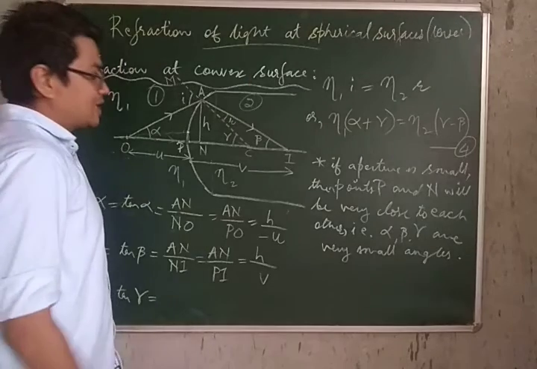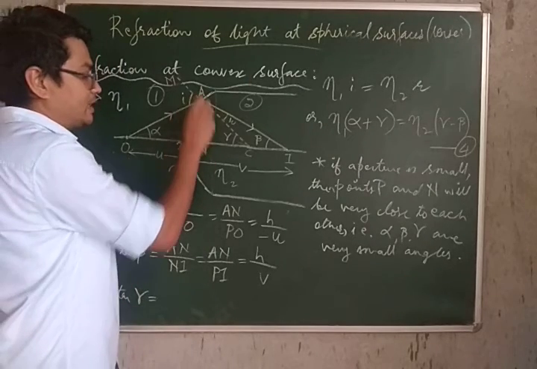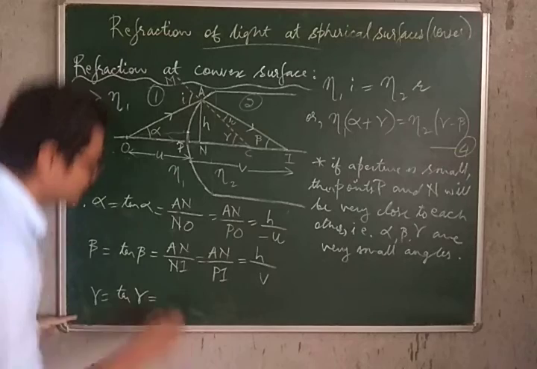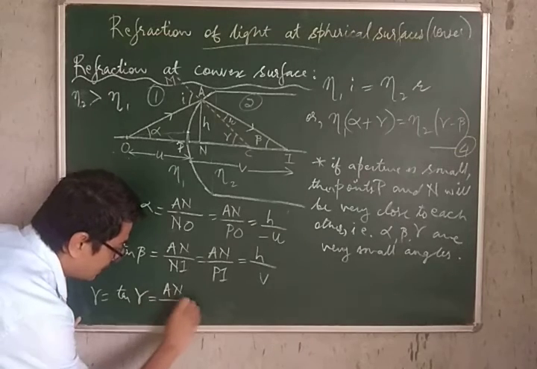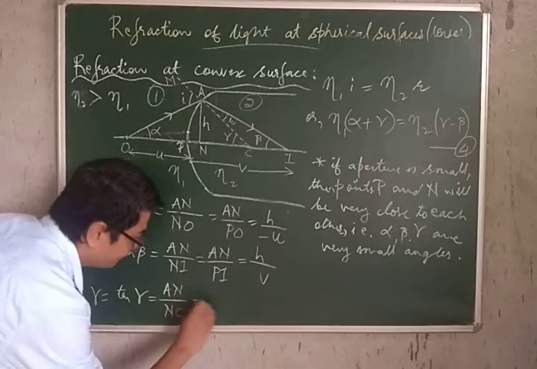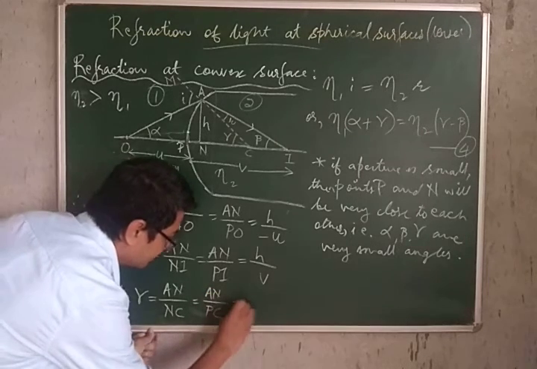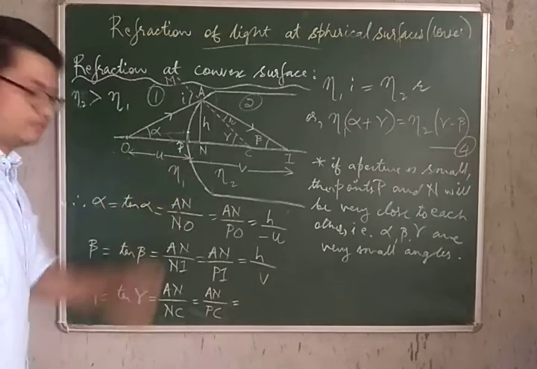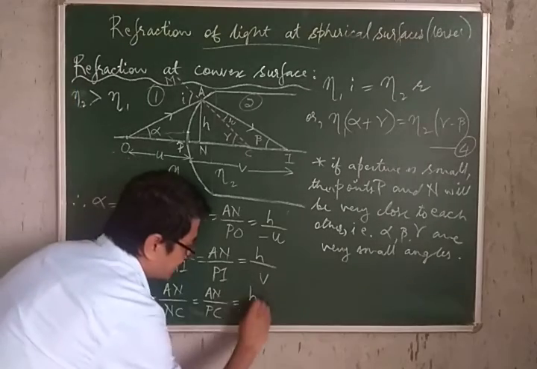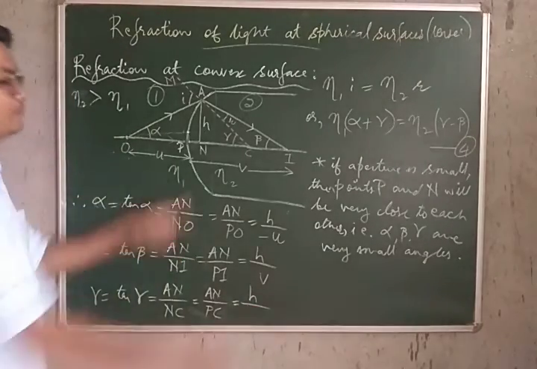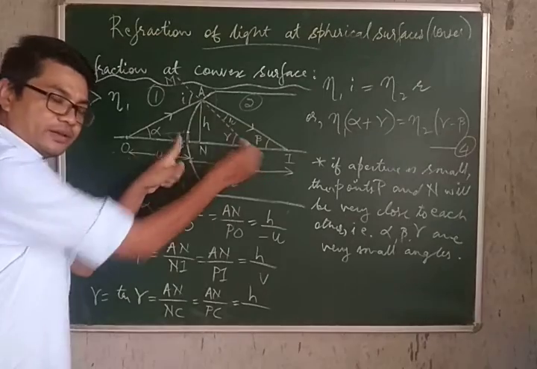And finally gamma is tan gamma. In order to find tan gamma, we look at the right angle triangle ANC. So this is AN divided by NC, which is AN divided by PC. P and N very close. AN is h, positive h. And what is PC?